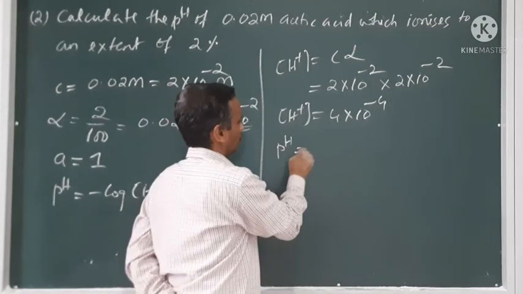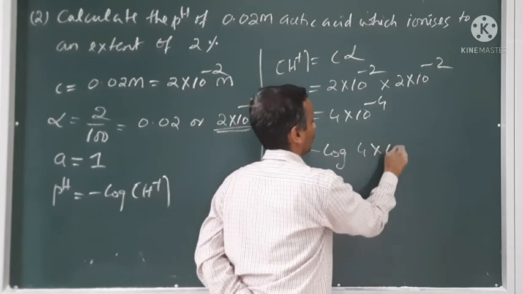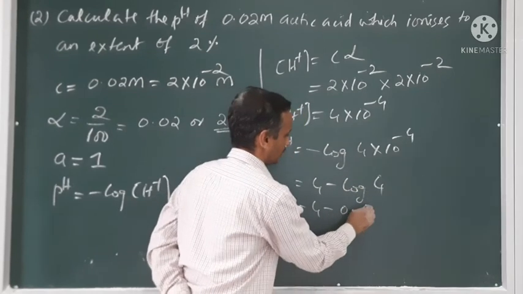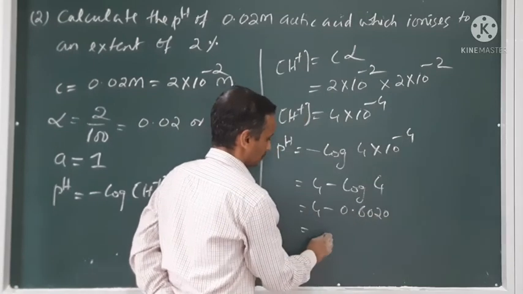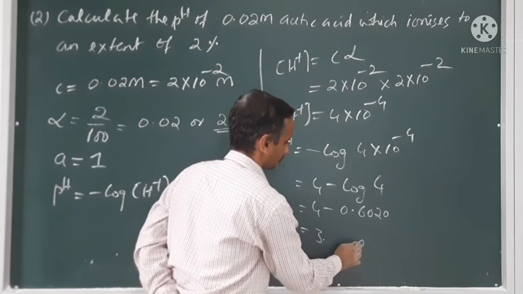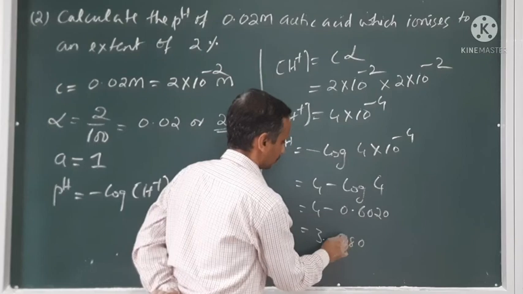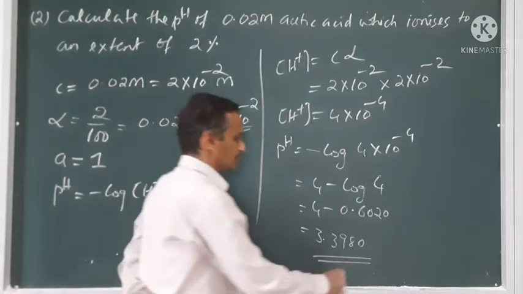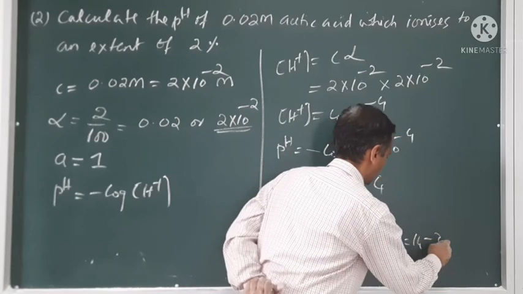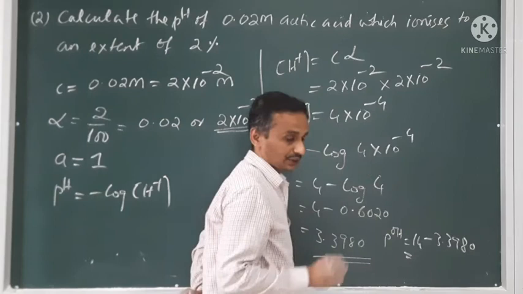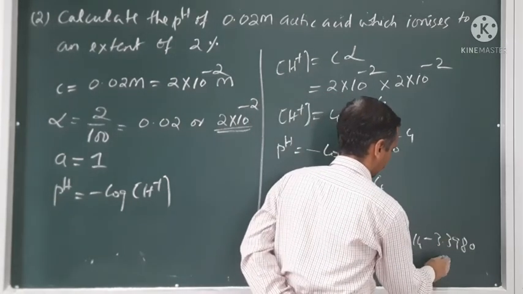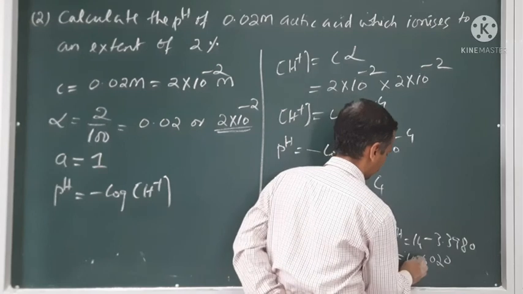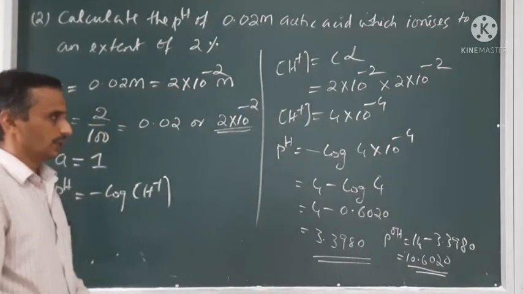Now pH is equal to negative logarithm of 4 into 10 to the power minus 4, which is 4 minus log 4, which is 4 minus 0.6020, which is 3.3980. That is the pH, and if pOH is asked, it is 14 minus 3.3980, which is equal to 10.6020. This is the pOH also.